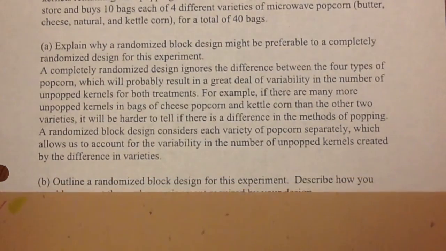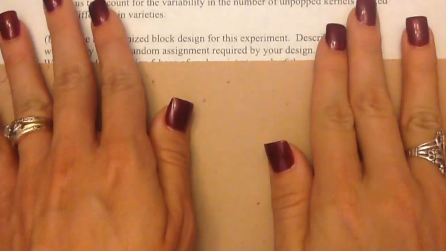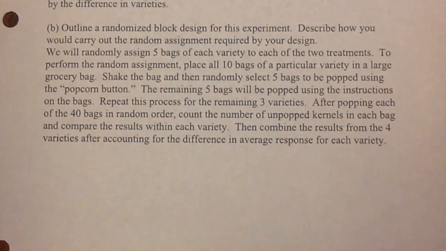The next thing we want to look at is we're going to outline a randomized block design for this experiment. Describe how you would carry out the random assignment required by your design. So first, to explain this out to you guys in words. We will randomly assign 5 bags of each variety to each of the 2 treatments.